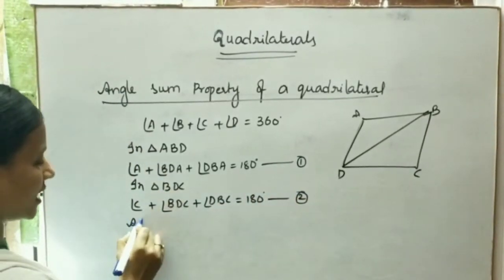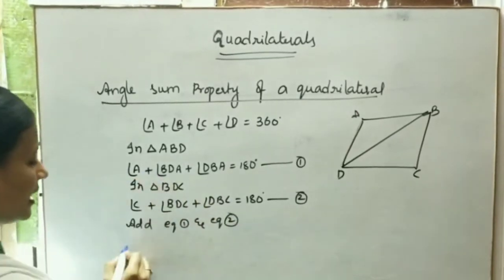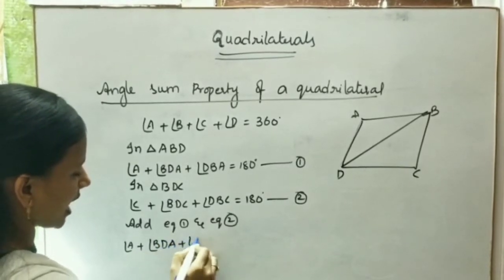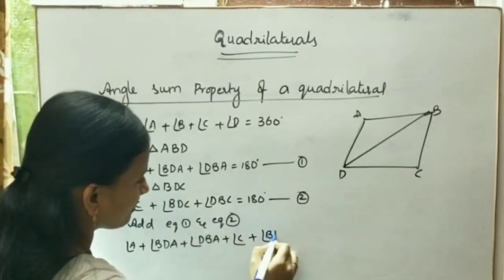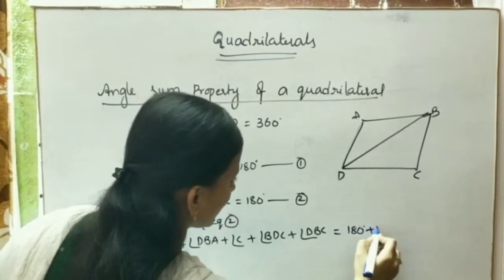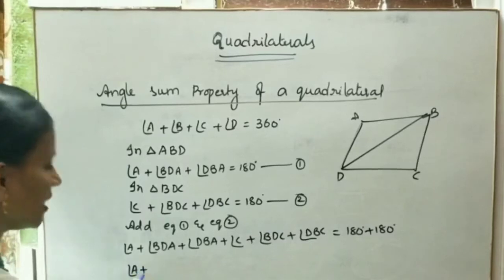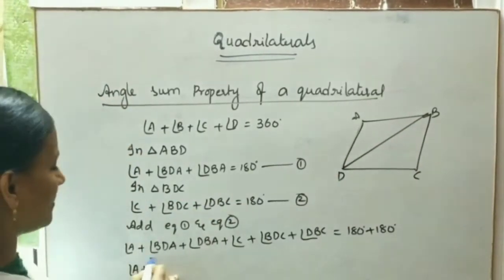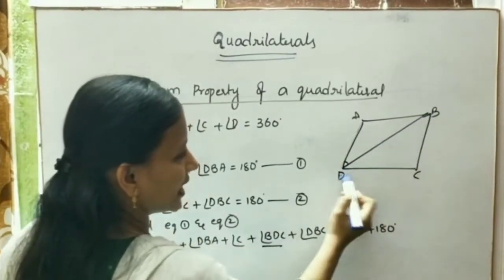Now add equation 1 and equation 2. So what we will get? Angle A plus angle BDA plus angle DBA plus angle C plus angle BDC plus angle DBC is equal to 180 plus 180 degrees. Angle BDA is this angle and angle BDC is this angle.